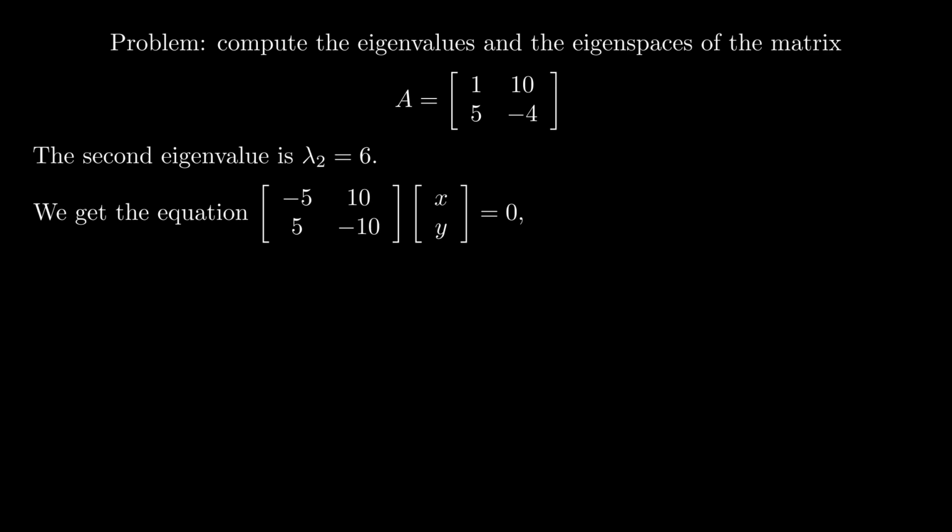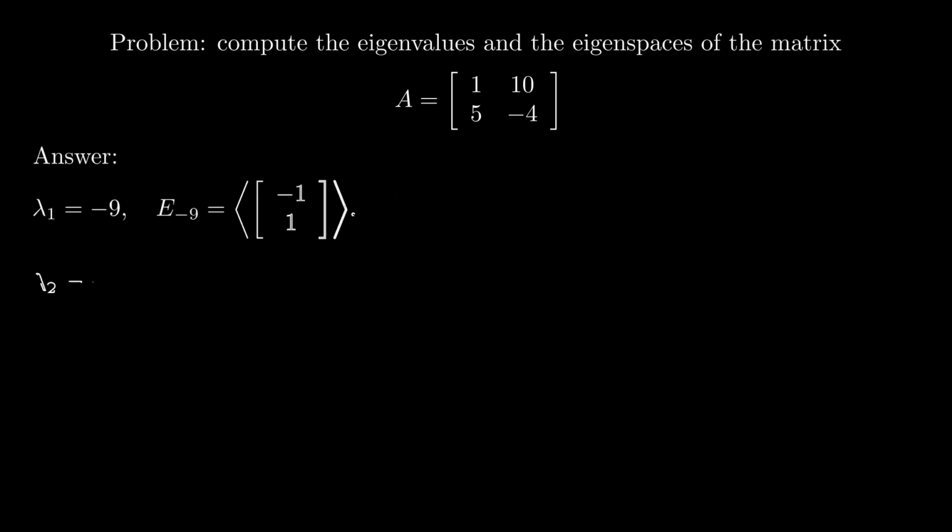Solving this gives us the line spanned by the vector 2, 1. This is the eigenspace corresponding to the eigenvalue 6, and we call it E subscript 6. So our final answer is that our matrix has two eigenvalues, -9 and 6, and the corresponding eigenspaces are the lines spanned by the vectors -1, 1, and 2, 1.